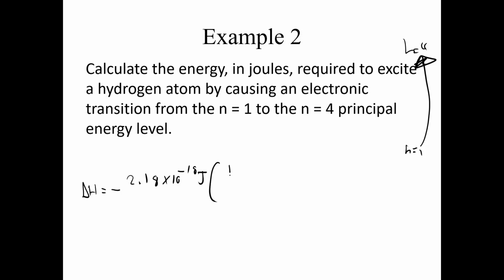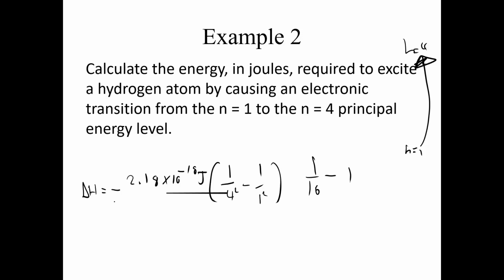And so then our ratio is 1 over 4 squared minus 1 over 1 squared. So that's 1/16 minus 1. That ratio is going to be negative because you're subtracting, so it's negative 0.9375.